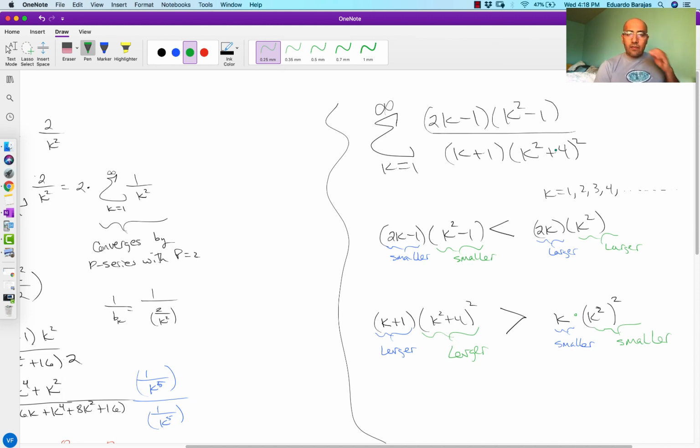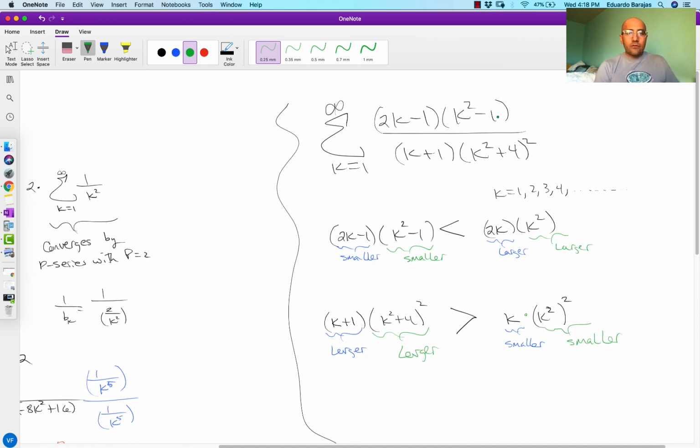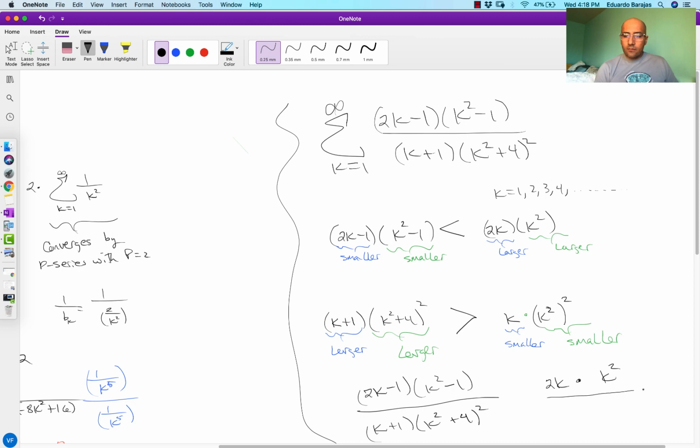All right, so now if we think about this division, think about what happens as we compare 2k minus 1 times k squared minus 1 divided by k plus 1 times k squared plus 4 squared, and we want to compare it to 2k times k squared, and we want to compare the denominator with k times k squared squared.